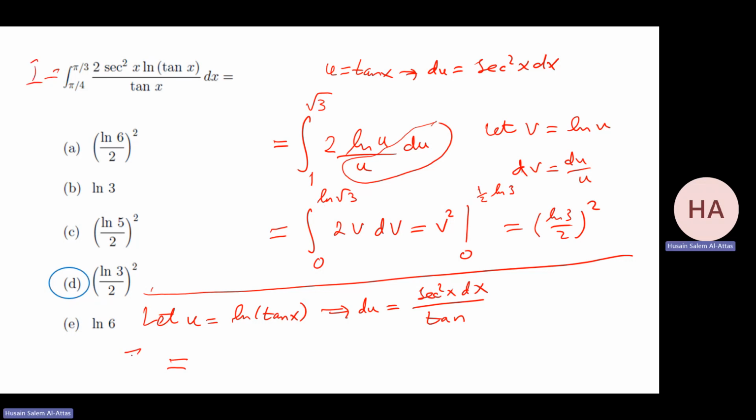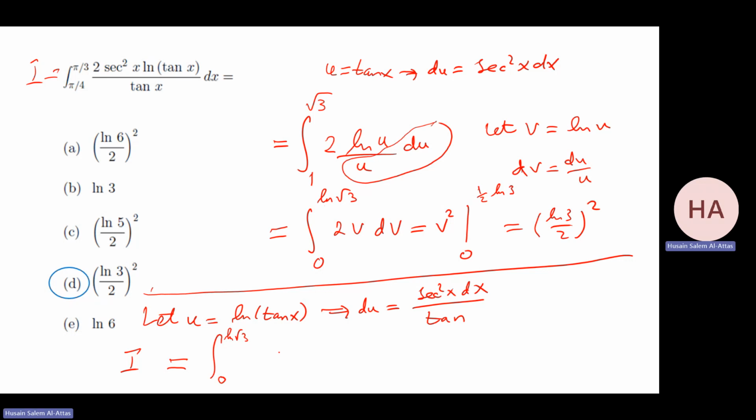This I will be integral from, now if I put pi over 4, I have 1, tan pi over 4 is 1, ln 1 is 0. But pi over 3, that will be ln square root of 3.